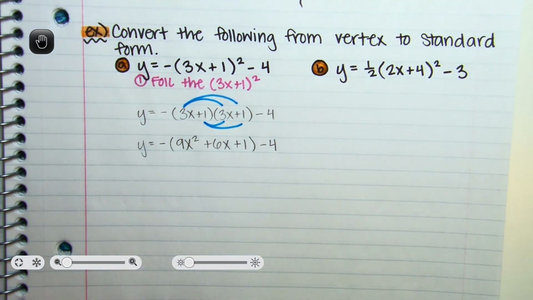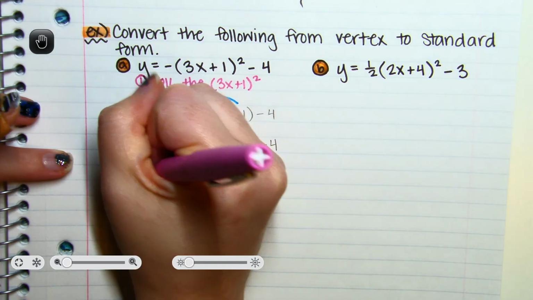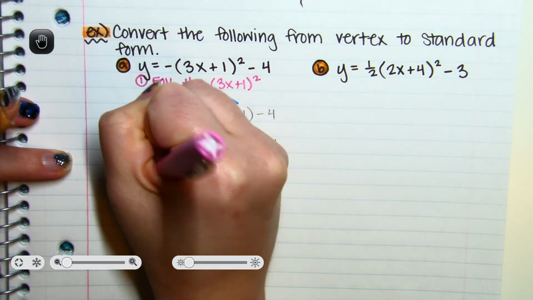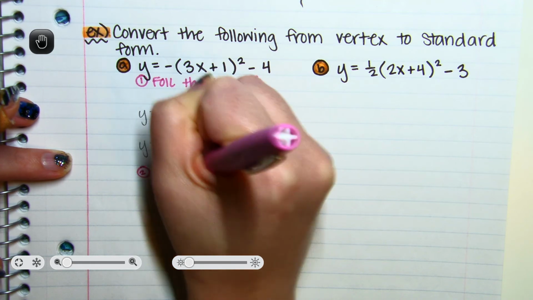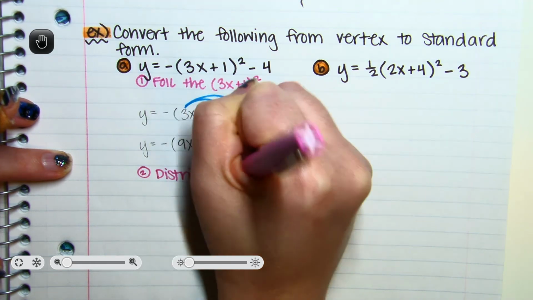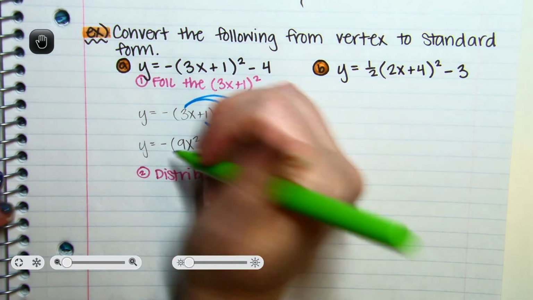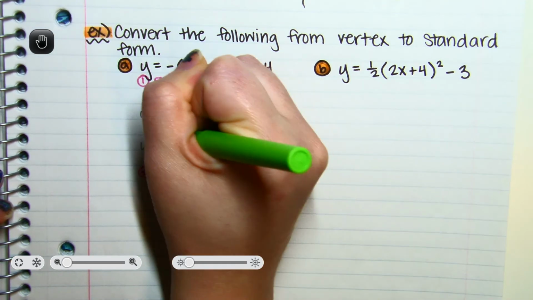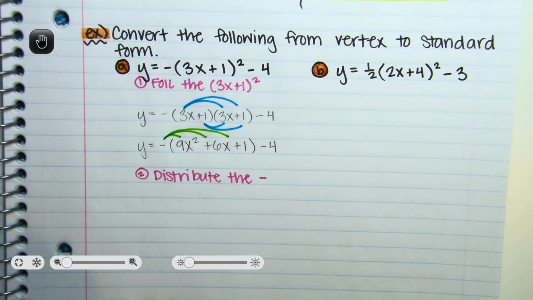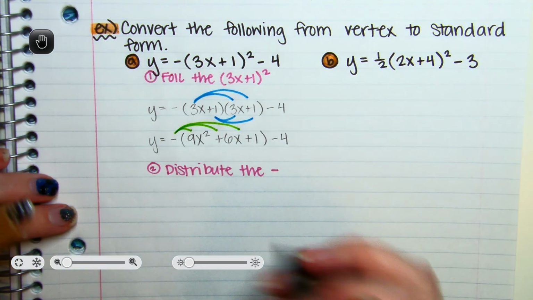So what I'm going to do now is distribute the negative. So distribute the negative, and that's going to go to all 3 terms that are in the parentheses after it.